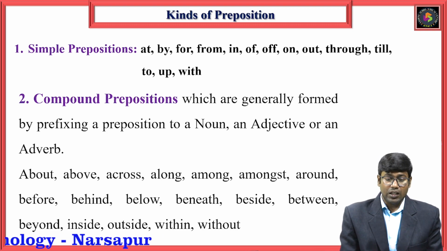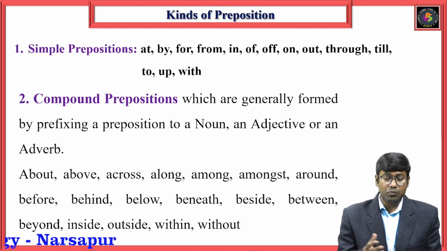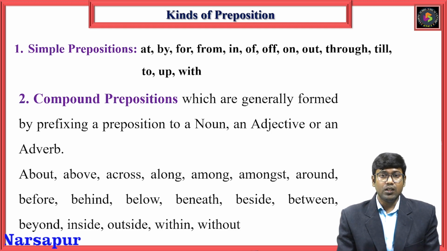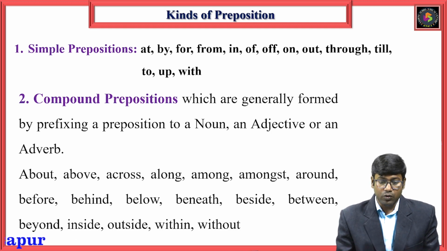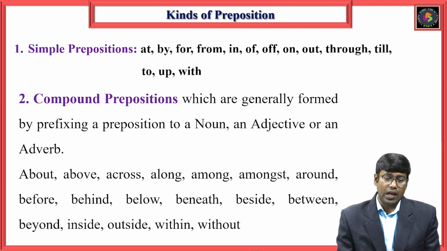Now you can see some of the prepositions here: about, above, across, alone, among, amongst, around, before, behind, below, beneath, beside, between, beyond, inside, outside, within, without. All these words we can consider as compound prepositions.